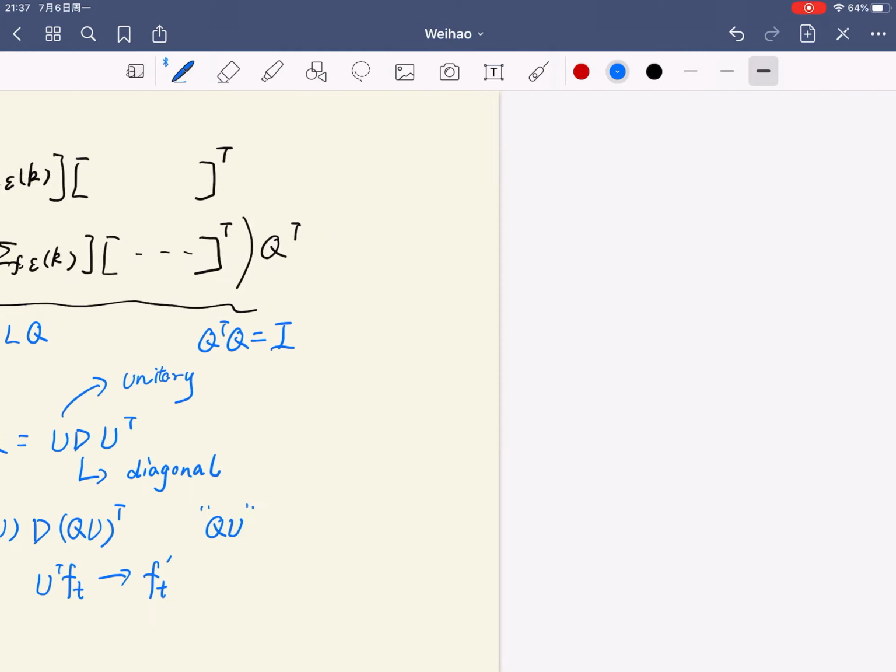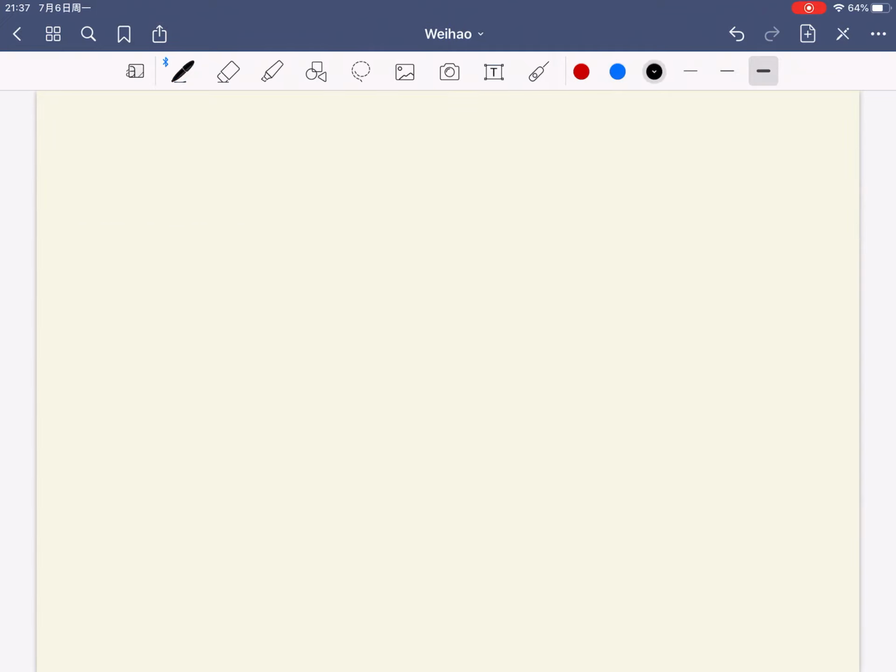Let's rewrite our model. This Q is from QR decomposition.